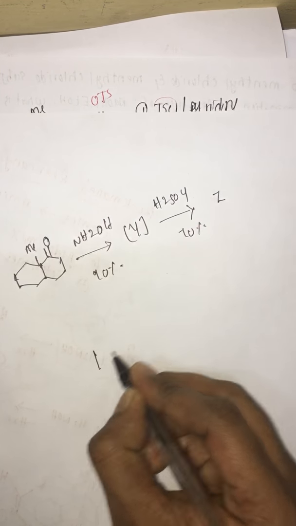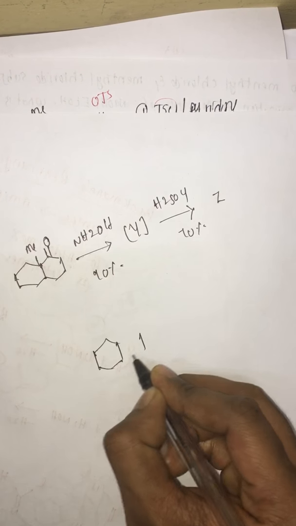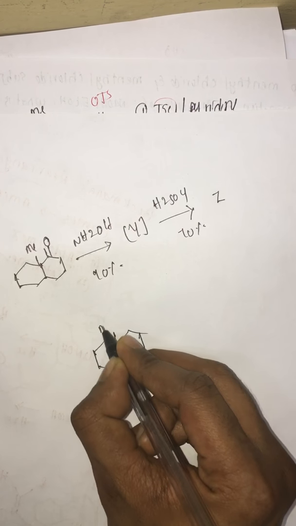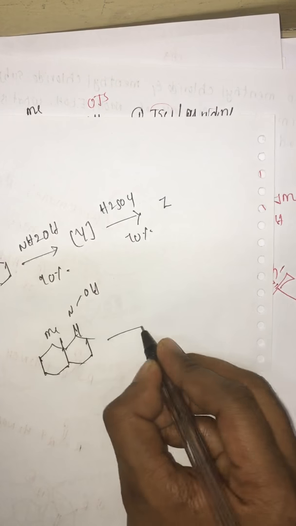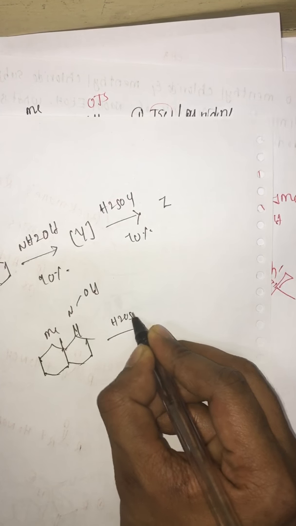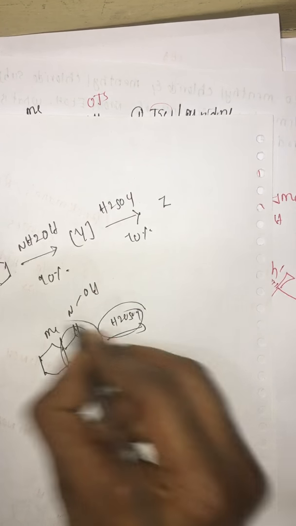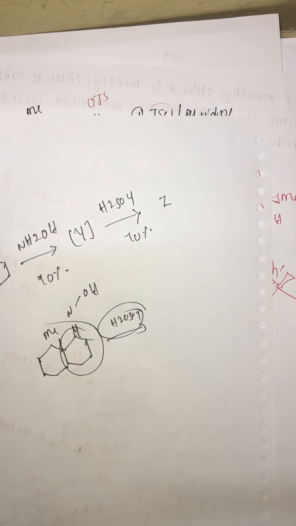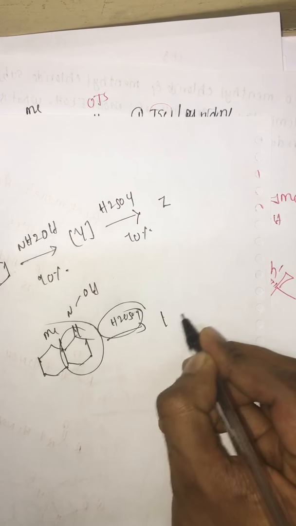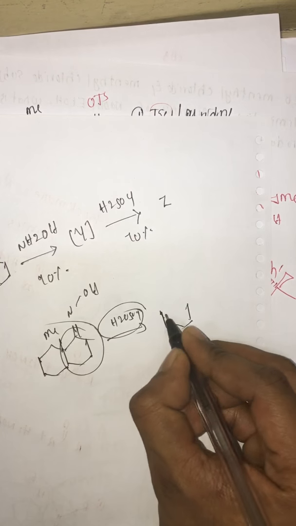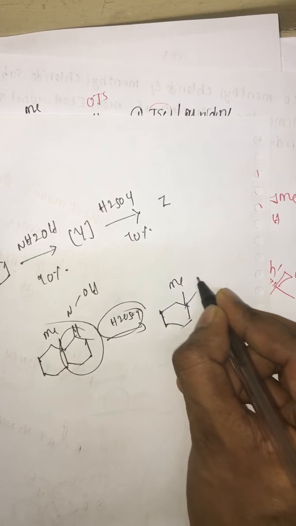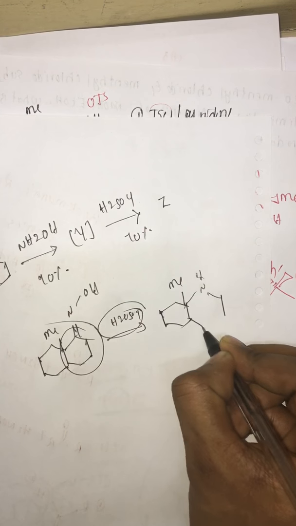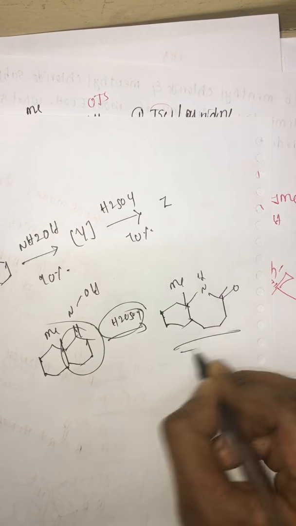This A is very simple, that is double bond NOH. And next we have a Beckmann's rearrangement. Here we know that ring expansion will take place. In case of a cyclic oxime, ring expansion will take place. So this ring remains a 6-member ring here, and there is a 7-member ring formation. So this is the answer.